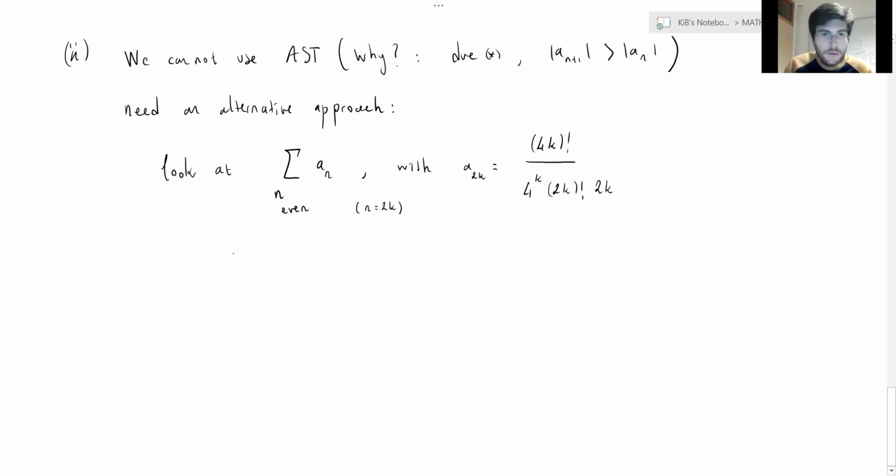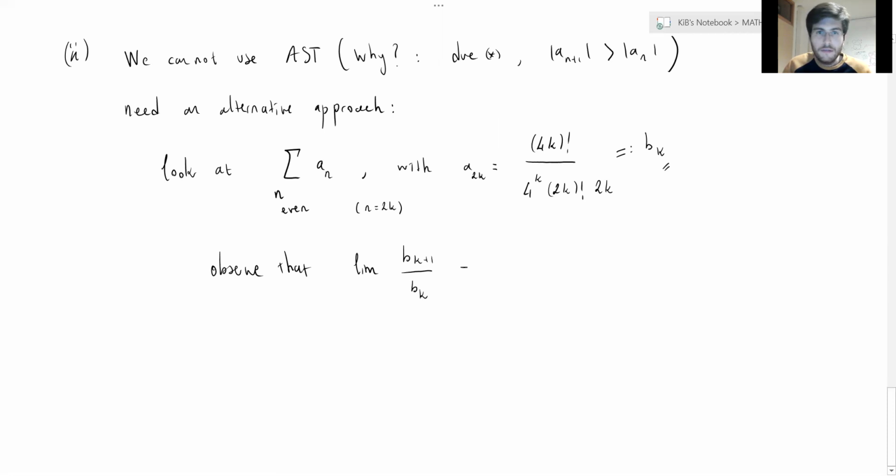And observe that limit. Okay, fine. So for simplicity, let me denote this thing by b_k, and let's look at b_{k+1} divided by b_k.